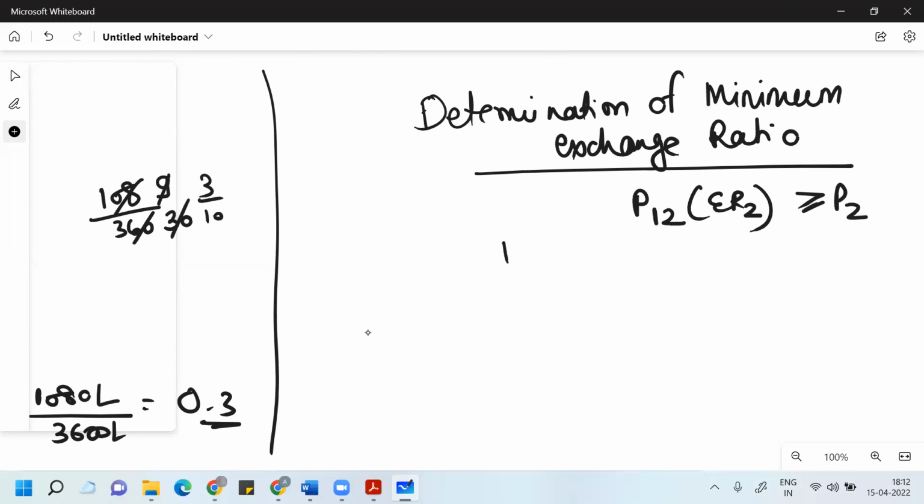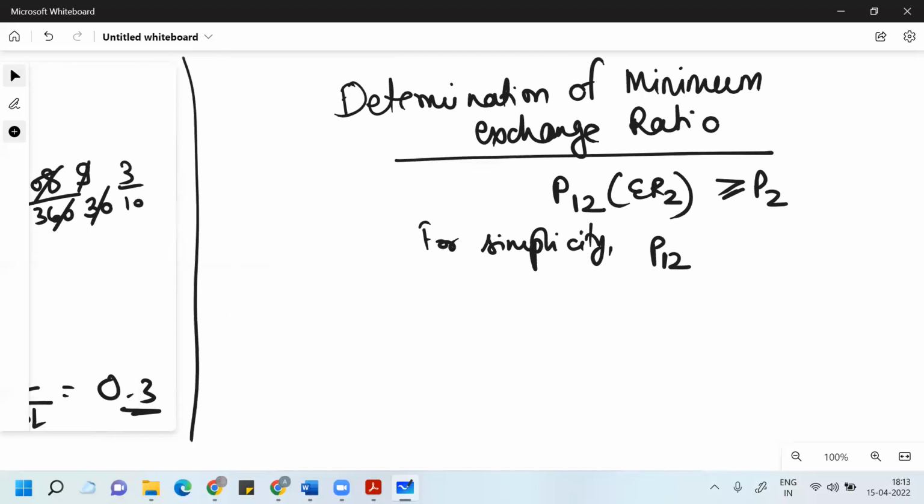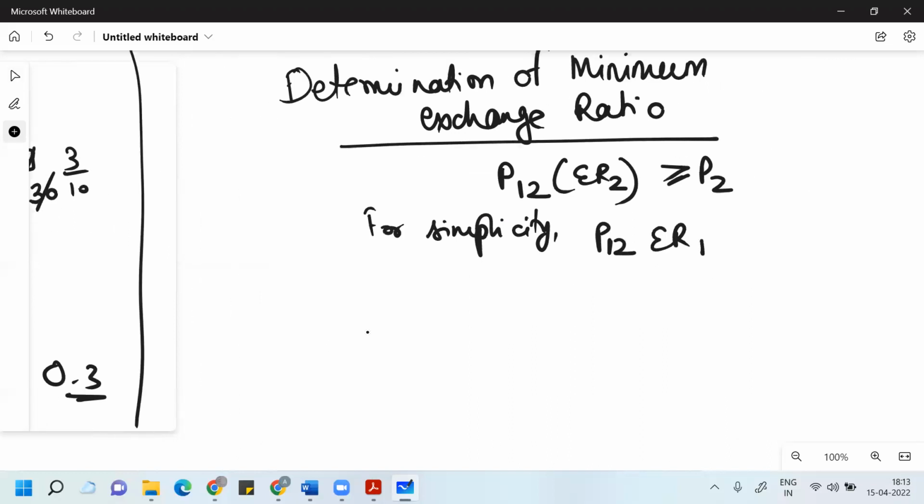For simplicity, I'm assuming that the market price per share of the combined firm into the minimum exchange ratio is equal to P2.